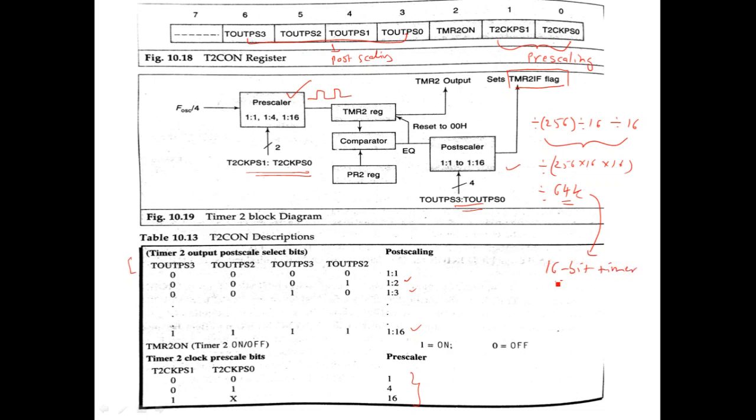Because if you have a 16-bit count register, then the frequency will be divided by 2 raised to 16, that is 64 kilo. Here the count register is only 8-bit, but because of the additional availability of pre-scaler and post-scaler, effectively this timer can be used at the most as a 16-bit timer.